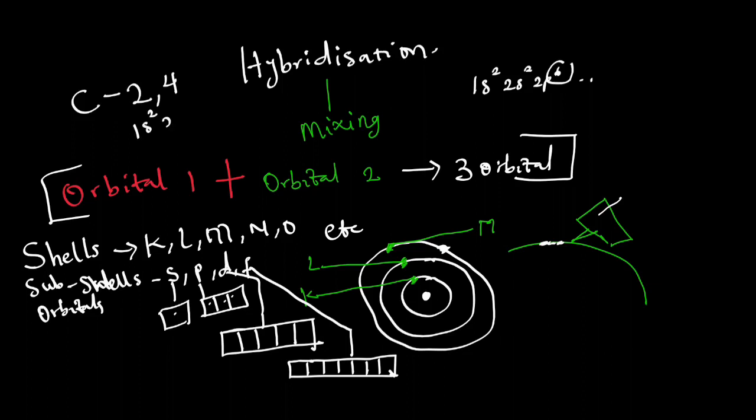Or we can say 1s2, 2s2, 2p2. So 2, 4, 6, which is the same as this 6.